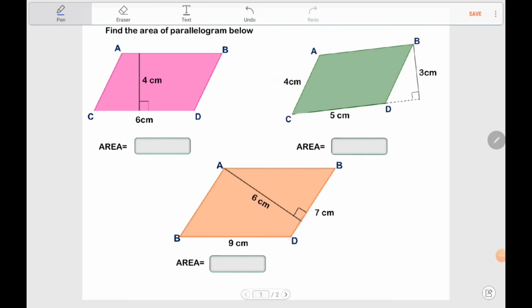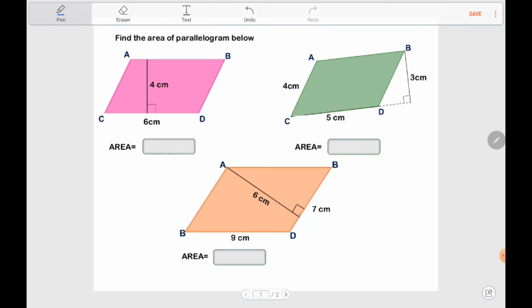Now, let's find the area of these parallelograms below. So, look at the first one. As you can see, the height is 4 centimeters. And this height is perpendicular to side CD. So, our base is CD, and this is 6 centimeters.